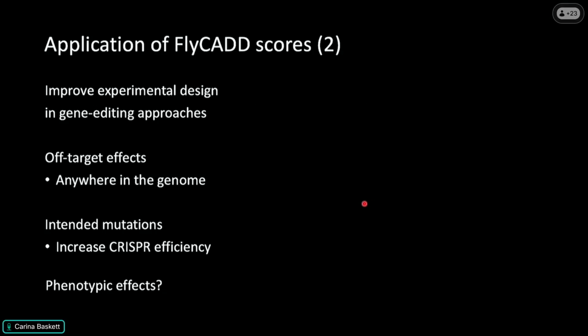But in some cases, people also make intended mutations. If you do CRISPR, then there's a specific recognition site that the enzyme will recognize. And if you don't destroy that site, then the enzyme will keep breaking the DNA over and over again. And this is a problem for CRISPR efficiency.